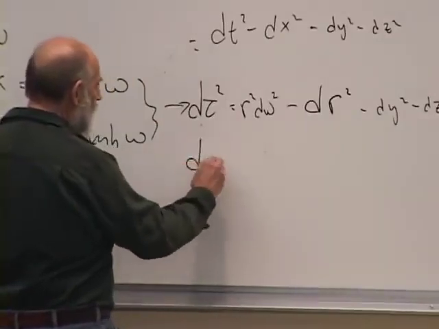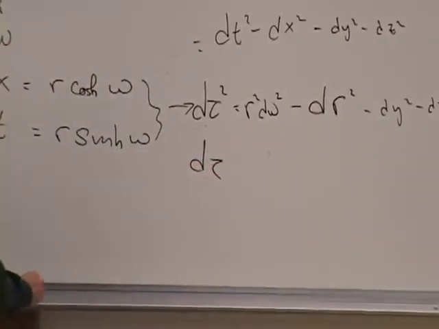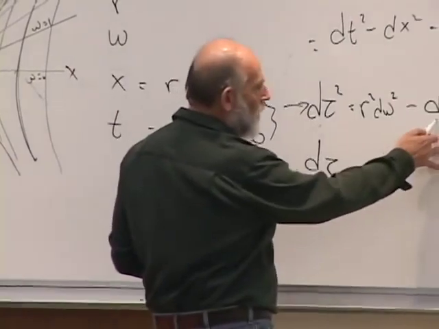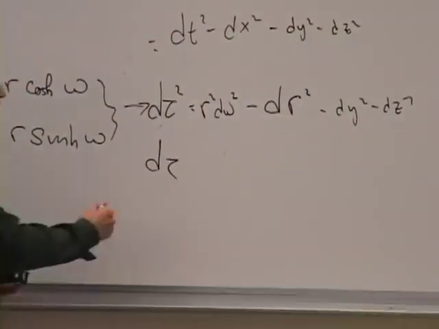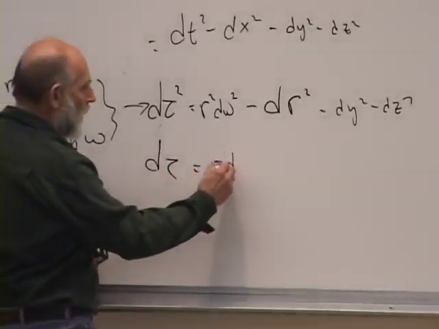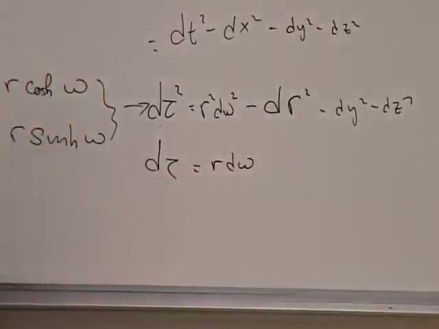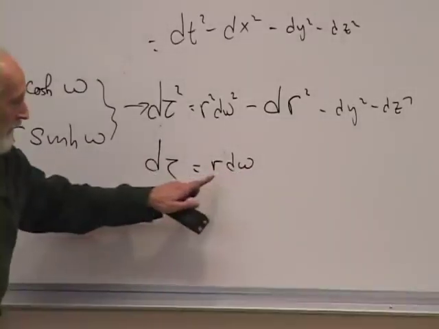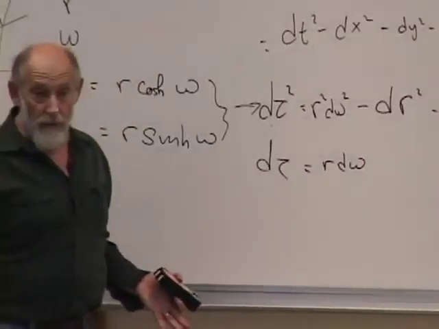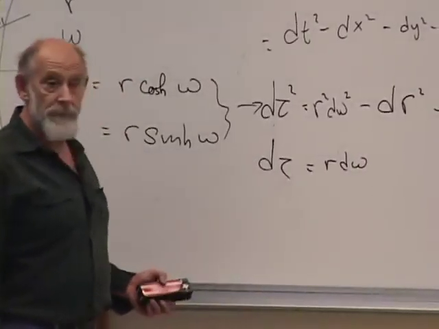Along one of these trajectories, dr is 0, dx and dy are 0, so d tau is just equal to r d omega. And r is fixed. But the rate of proper time relative to the rate of omega differs from one r to another.